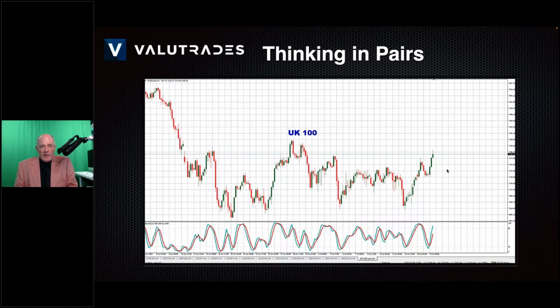So if they're getting foreign income in American dollars, Australian dollars, or euros, and the price of the pound fluctuates, that affects their balance sheet. So you very often find that if the pound goes up dramatically, the UK 100 or the FTSE 100 can actually go down and vice versa. So that's another way to consider analyzing based on pairs.